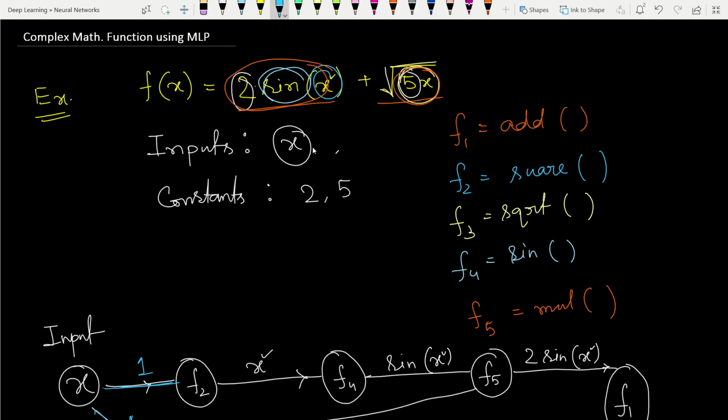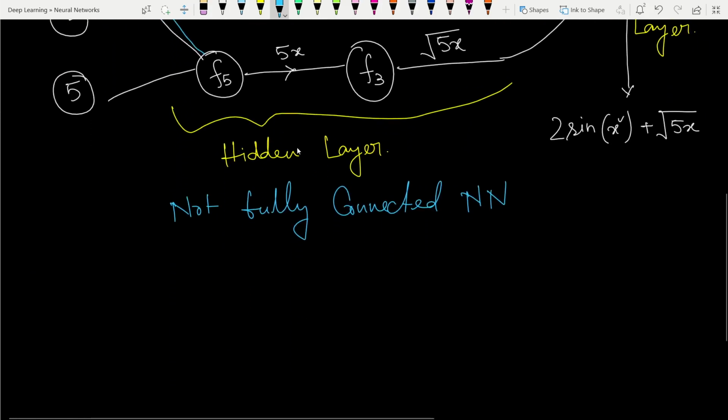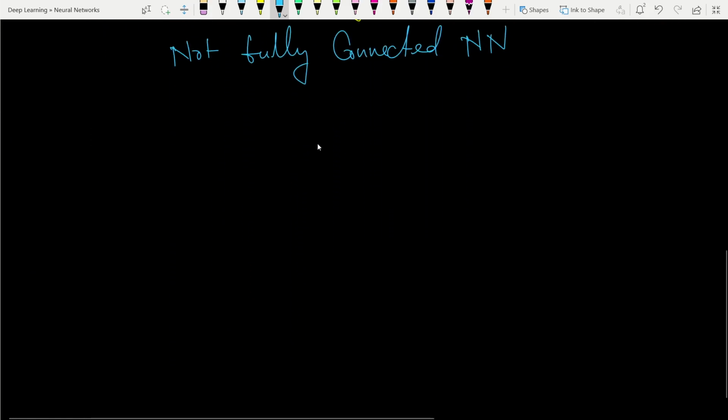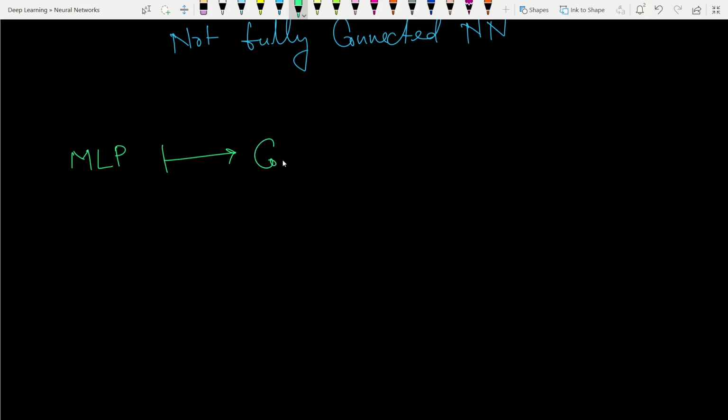So from here we can see that a multi-layer perceptron is nothing but the composition of lots of functions, lots of layers. In simple terms, a composition of functions.